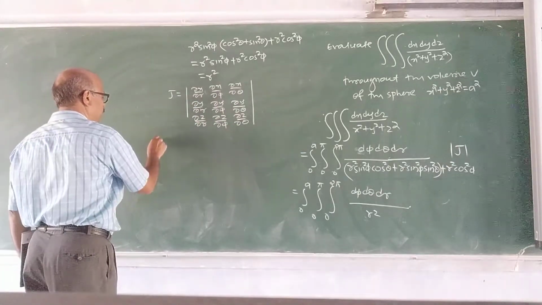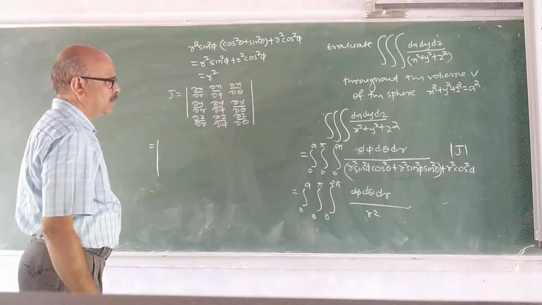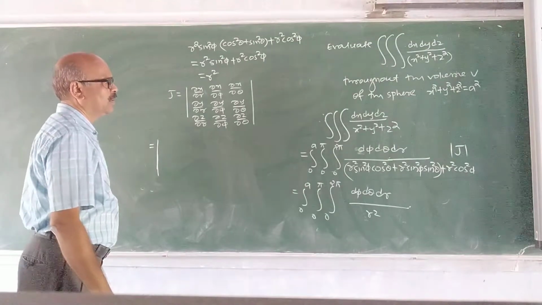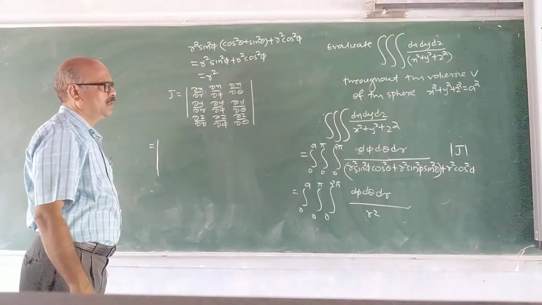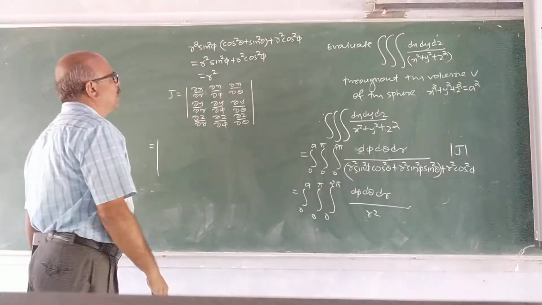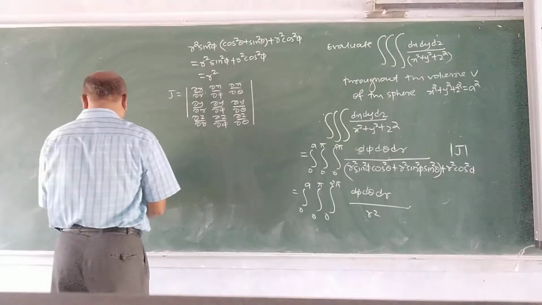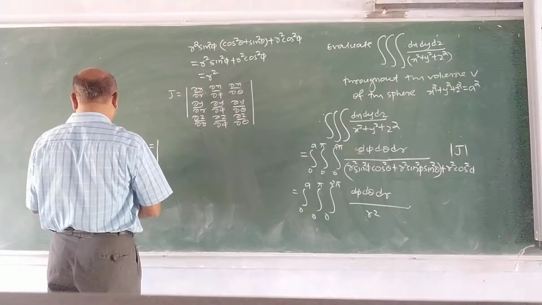So what is del x by del r? I did not write all the steps here, I write only a few steps, substitution only. What is del x by del r? What is x? r sin phi cos theta.